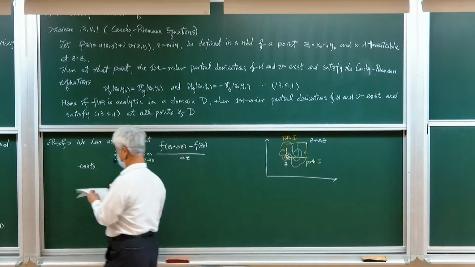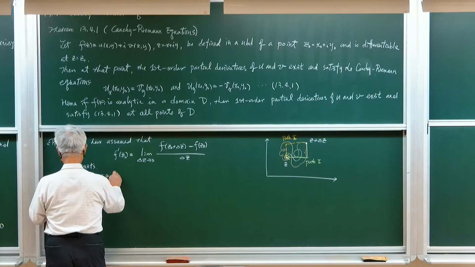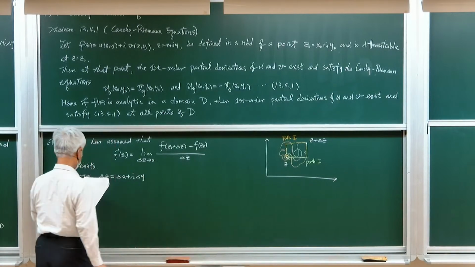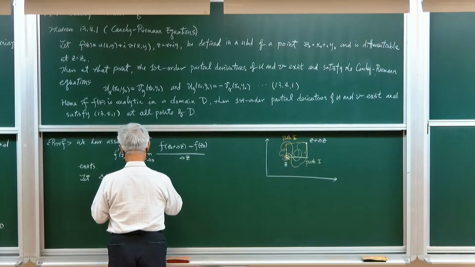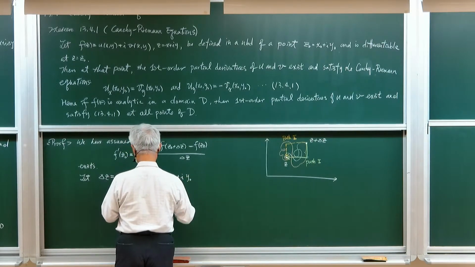Okay, so now we let delta z equal delta x plus i delta y, and z0 is x0 plus i y0.